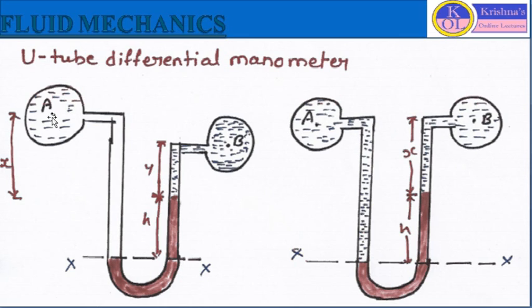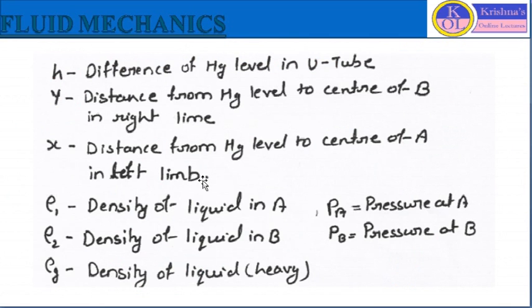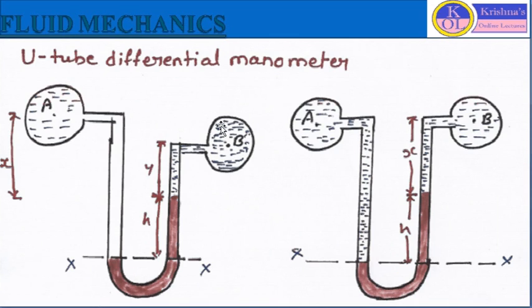Similarly, from point A to the highest level of mercury in the right limb, we are considering the distance as x. x is the distance from this level to the center of A in the left limb. Now, as I told you, the density of the liquid in both the pipes is different. So ρ1 we are considering as the density of the liquid in pipe A.